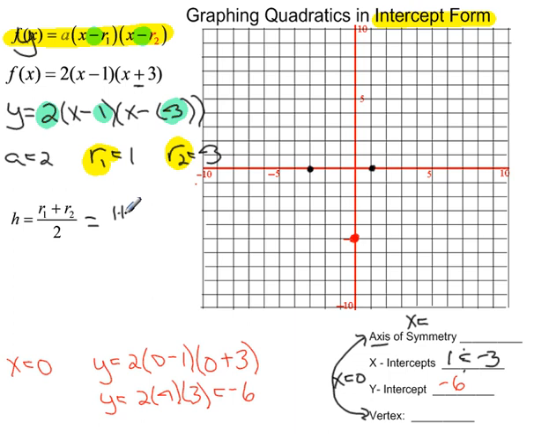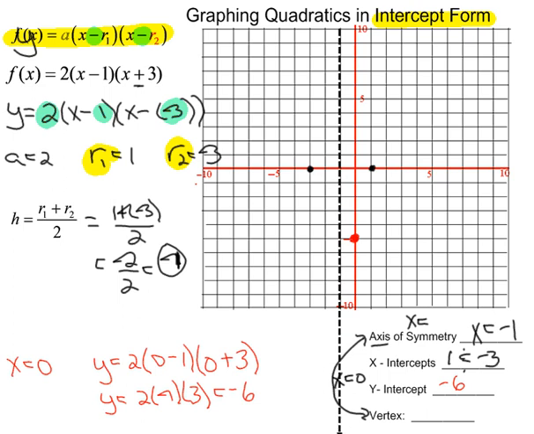This is equal to 1 plus negative 3 over 2, which is equal to negative 2 over 2, which is equal to negative 1. Okay? So that means that we've got x equals negative 1 is our axis of symmetry. And that is going to look like a dotted line that goes right down the graph at x equals negative 1.